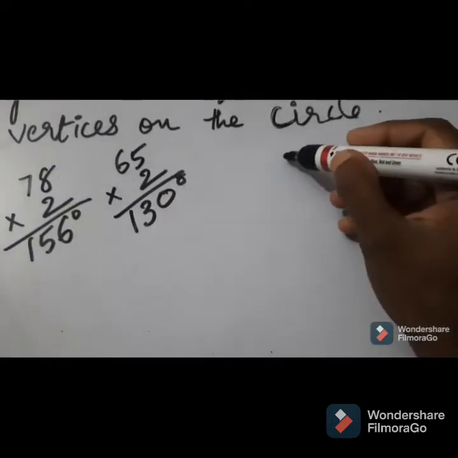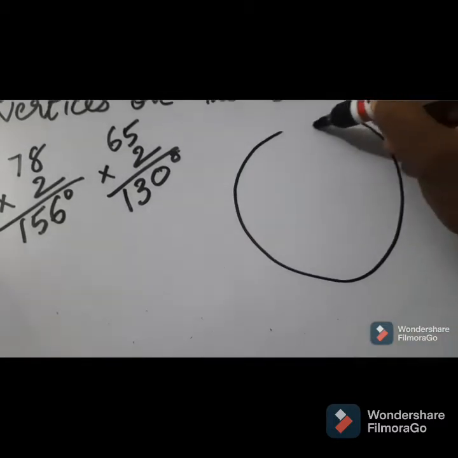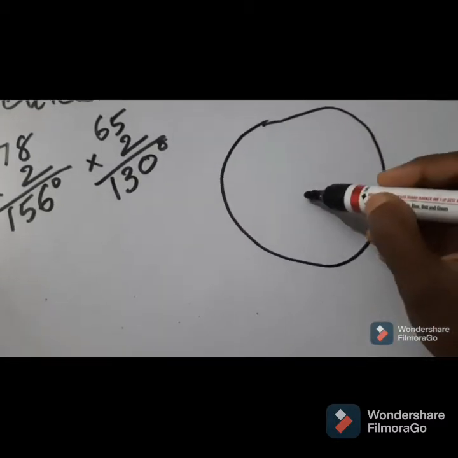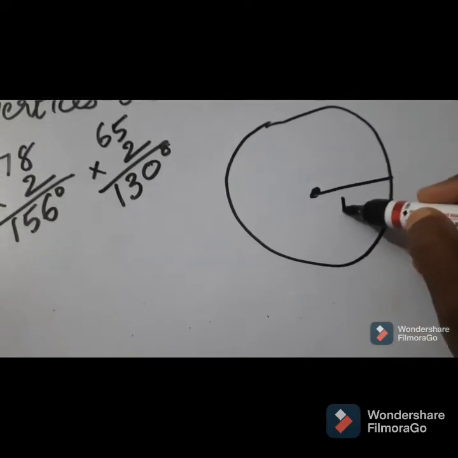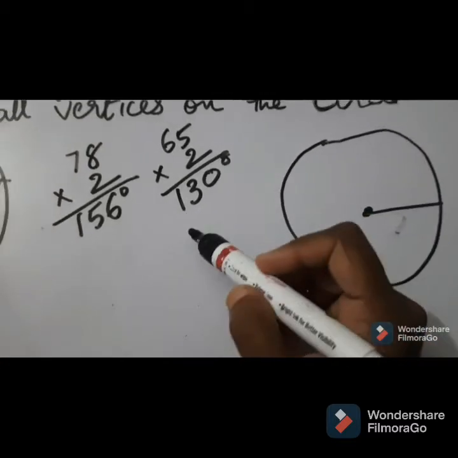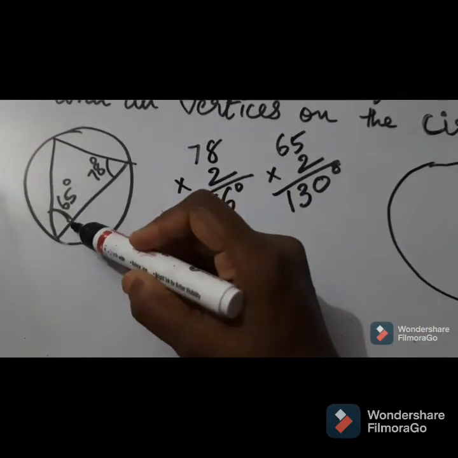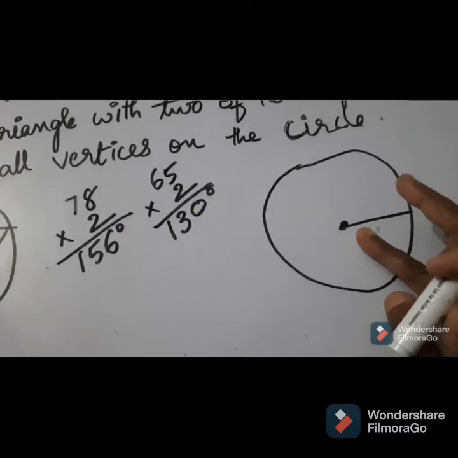So the first step is we make a circle of 4 centimeter. After that, here it is 65, that means on this side we want 65 degree.